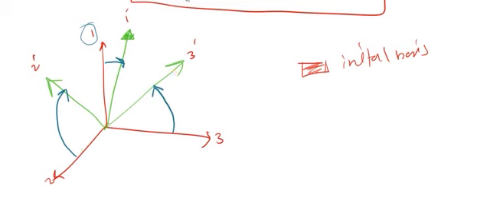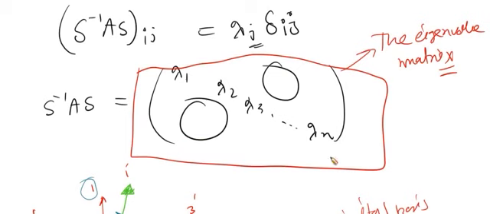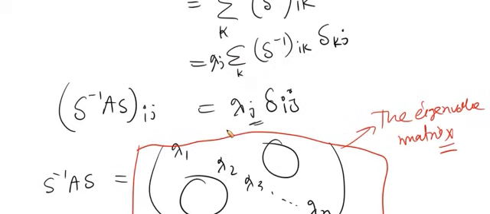So this green will be our eigenbasis. We call them eigenbasis. And in this eigenbasis, this initial basis vector, they just rotate and overlap. That means they coincide with the eigenbasis themselves. So that's why we get a diagonal matrix.